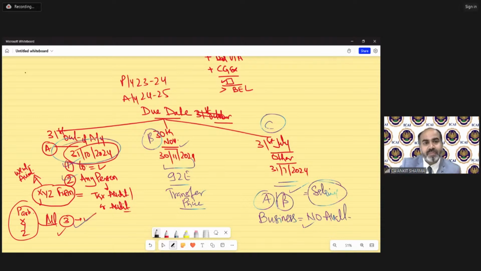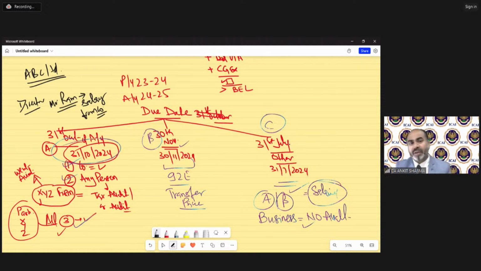Suppose there is a company, ABC Limited, and one of its directors, suppose Mr. Ram, is earning salary income from the company. He's only earning salary income. He does not have any other income except the salary income.